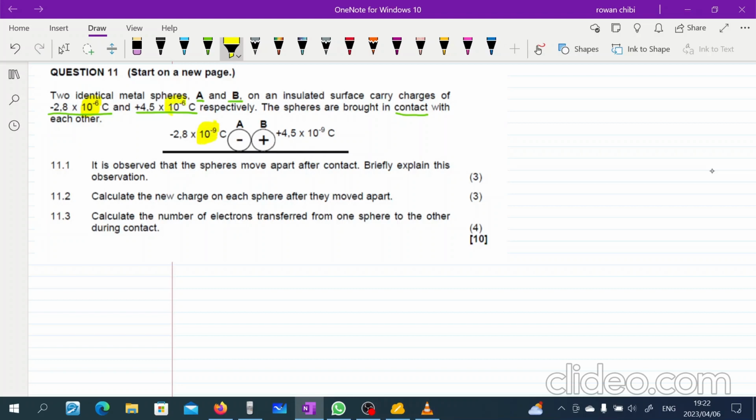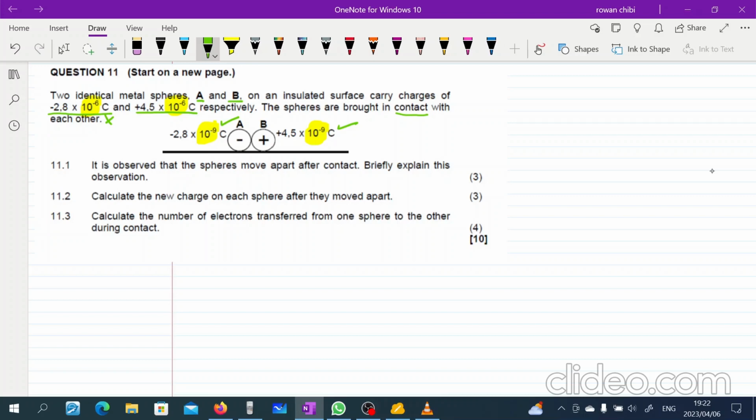This one was 4,5 times 10 minus 6 coulombs, but on the diagram is 4,5 times 10 minus 9. So we are not going to follow this one. We are going to follow these magnitudes that are shown on the diagram. So now let's read first question, which is 11.1.